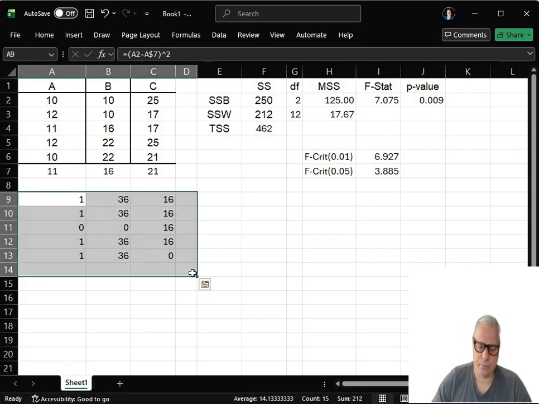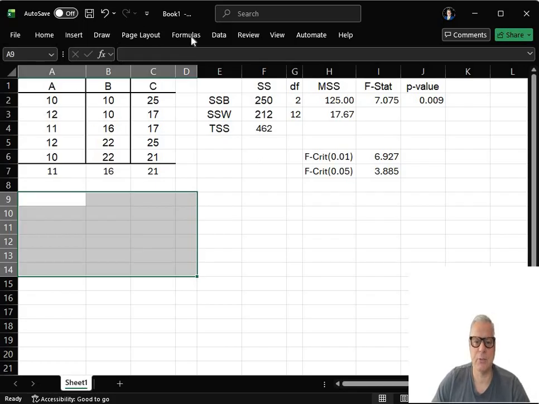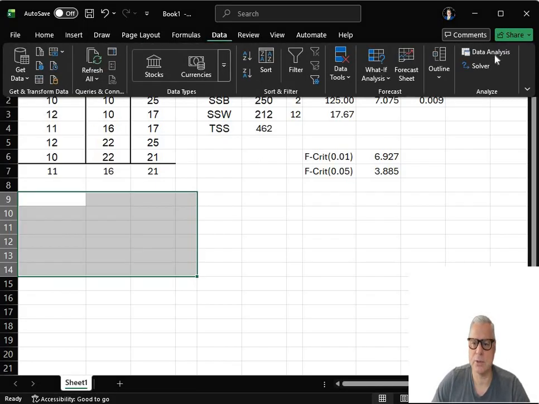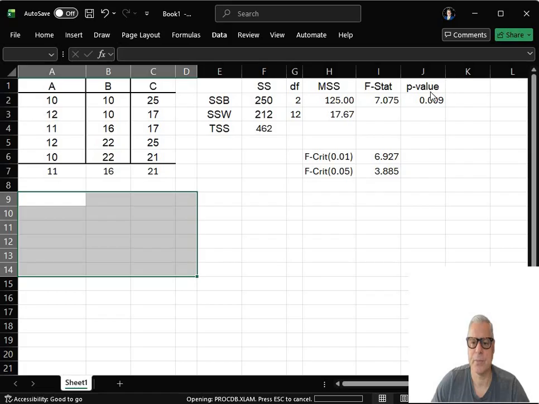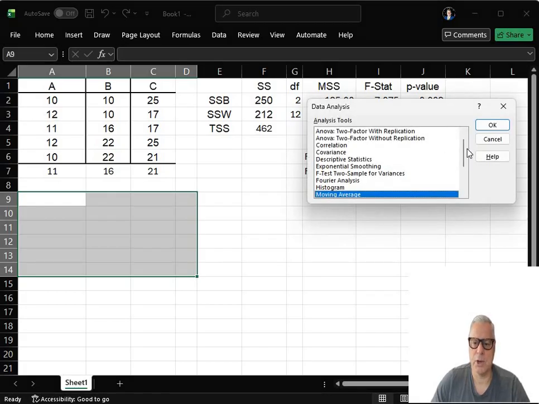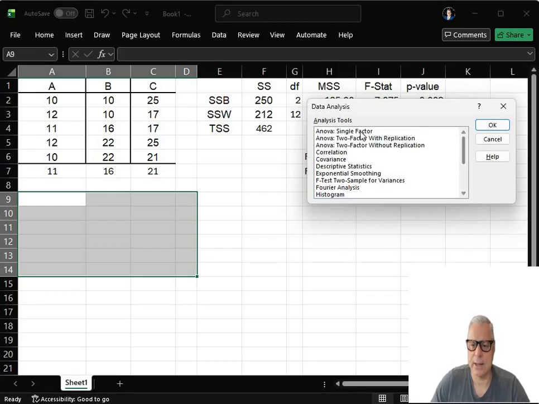Okay, so the last thing I want to do is go back to data analysis, and we do ANOVA, and again we only do a single factor. A 2-factor would be, let's say they play the competition in the morning and in the afternoon, and then the question might be, is there a difference between playing in the morning and the afternoon as well?